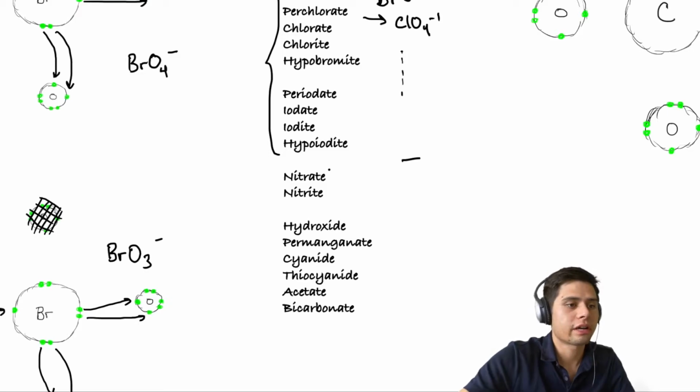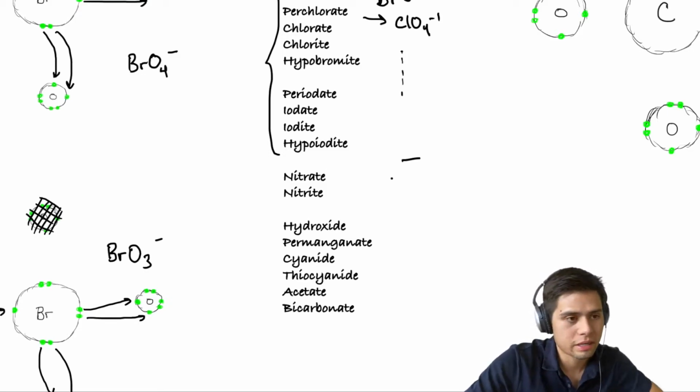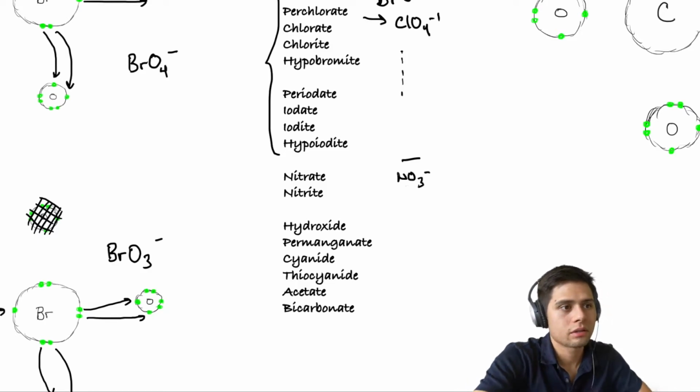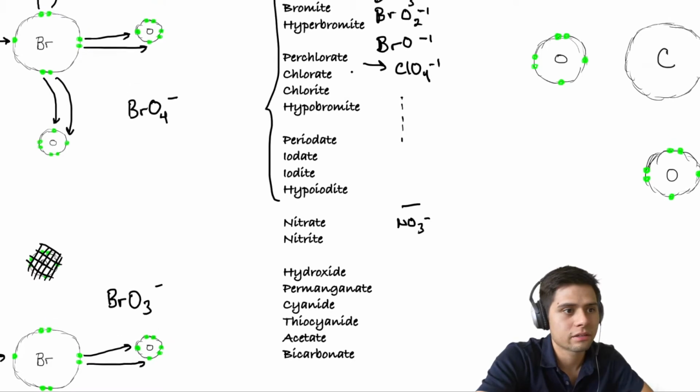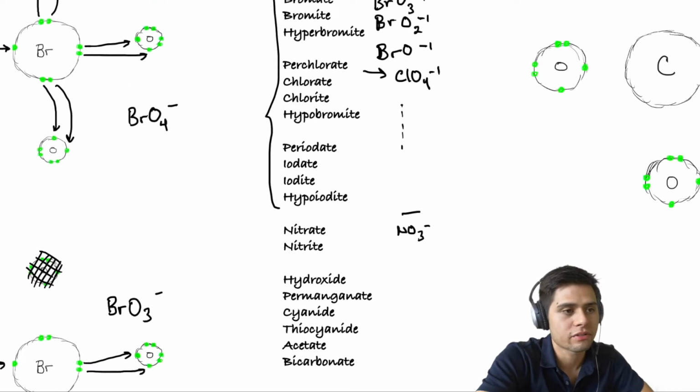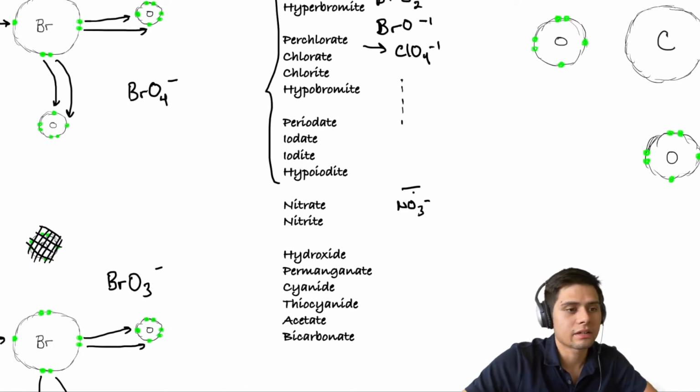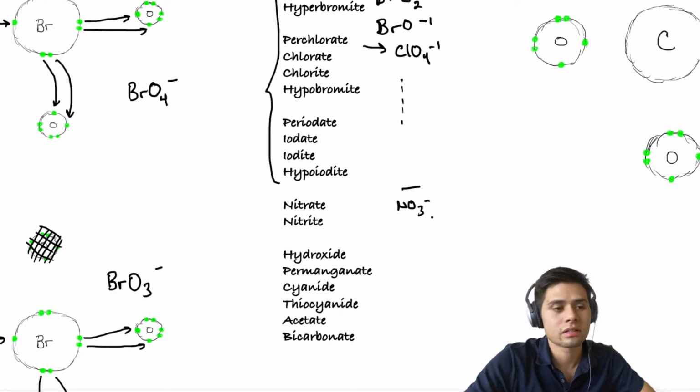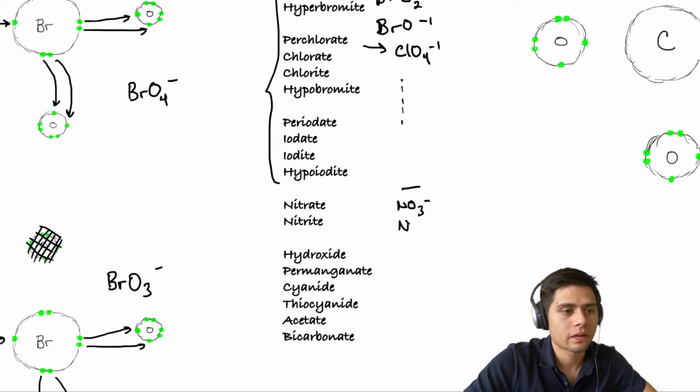For the nitrate, we follow similar rules. The nitrate is going to be NO3 minus. Notice here where we have the ate suffix, we typically have a 4, but for nitrate that differs a little bit and we have an NO3 minus. Okay, and then we have nitrite, which can be an NO2 minus.